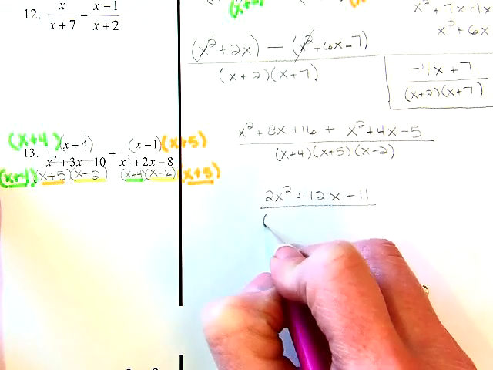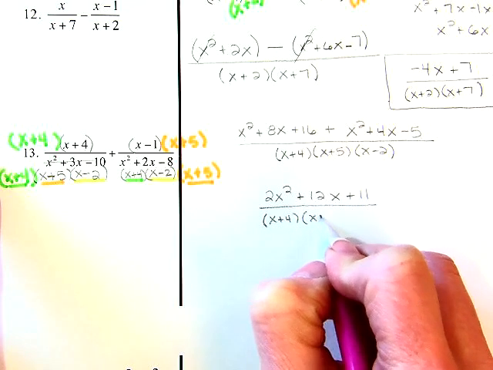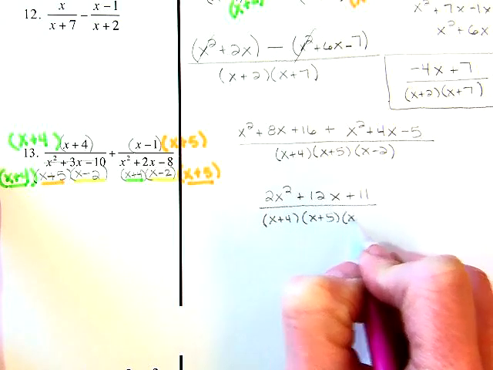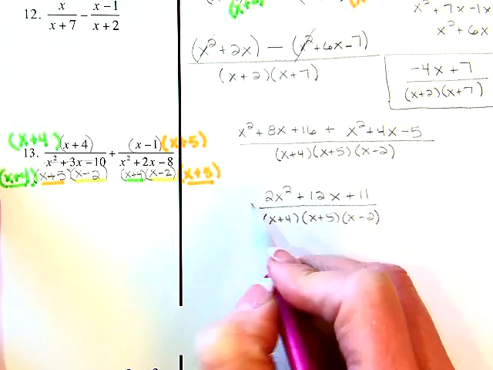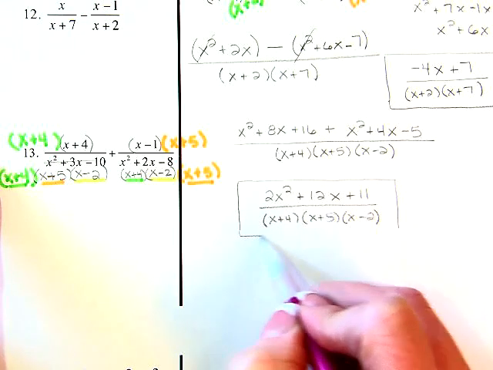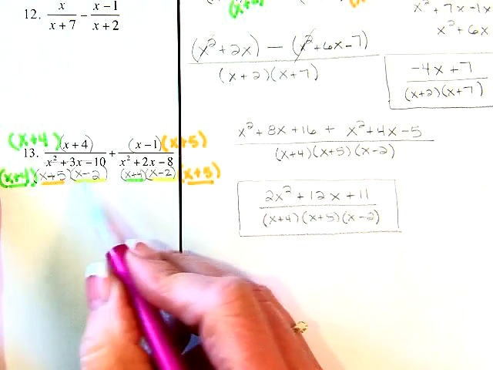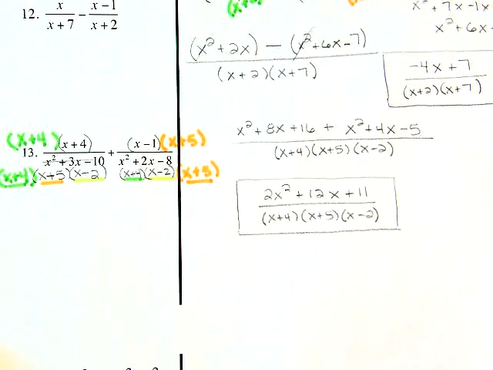And then I just rewrite the denominator, which is x plus 4 times x plus 5 times x minus 2. And then we are done with this one. So that is the sum of the two original rational expressions. Okay?